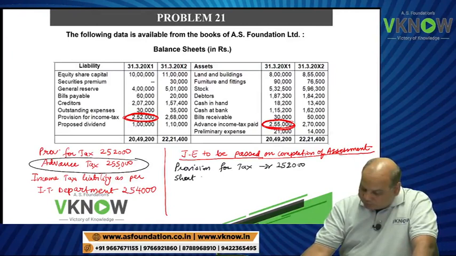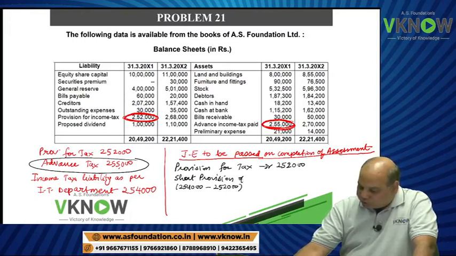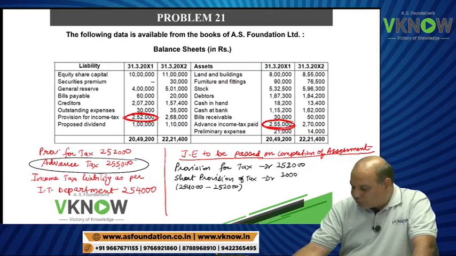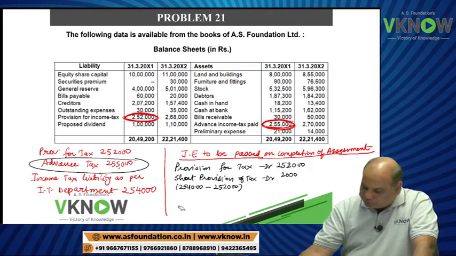Short provision. Why short provision? Government is demanding 2,54,000. You have made a provision of only 2,52,000. So short provision for taxation, debit 2,000.